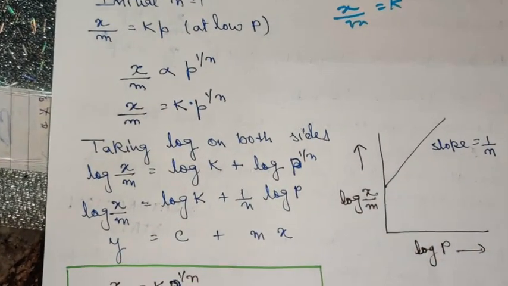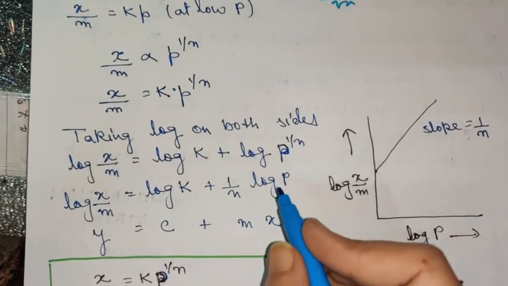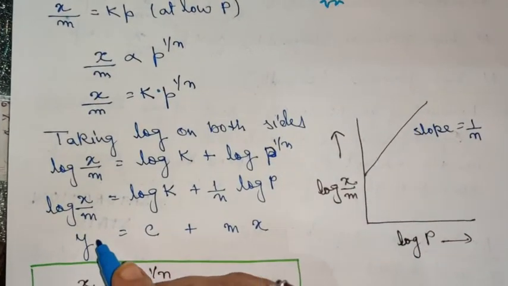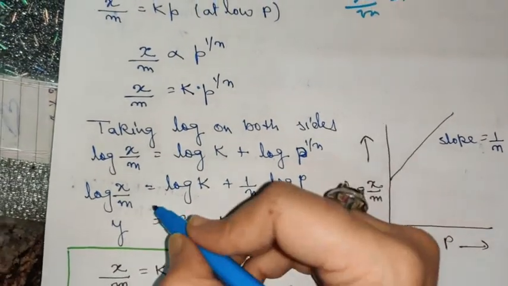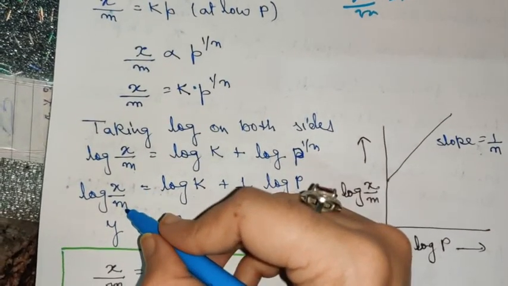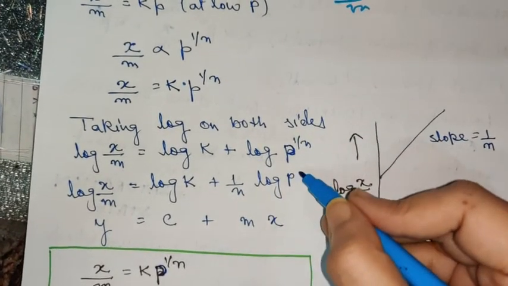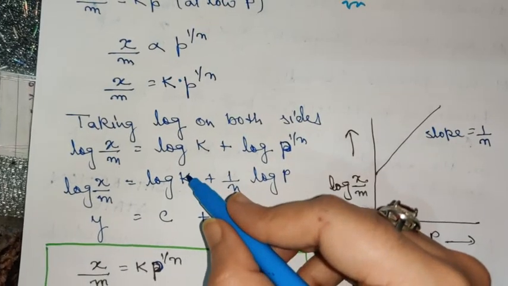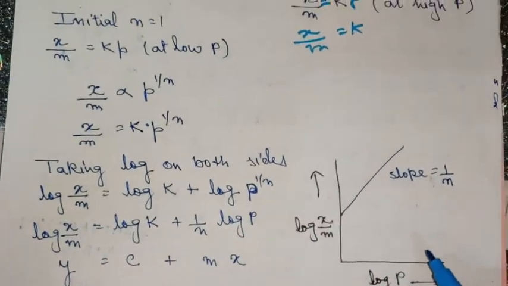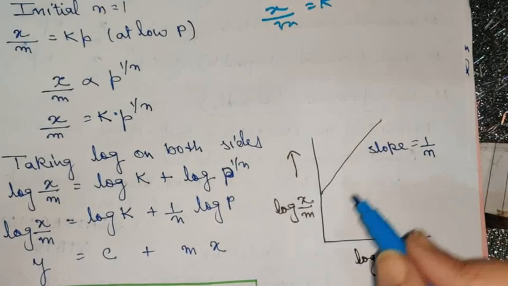Now further, to verify it, you can plot a graph for this equation, again comparing it with the straight line equation, y equals mx plus c. So y here is log x upon m, x is log p, m, that is the slope, is 1 upon n, and the intercept is log k. So when you plot the graph, you will get the graph in this way.